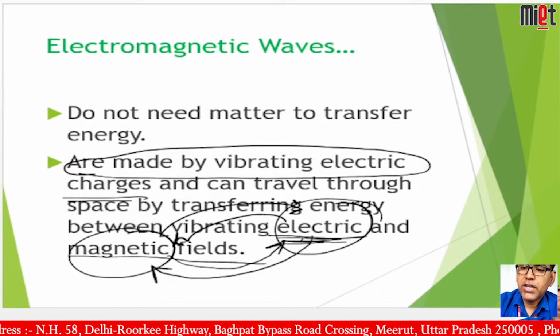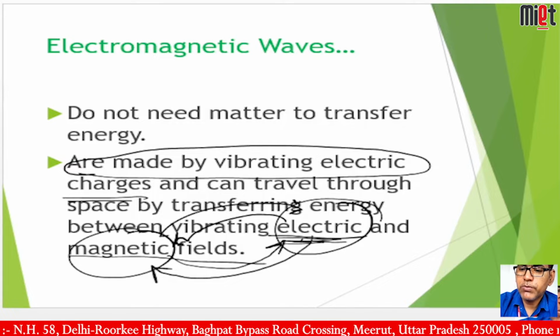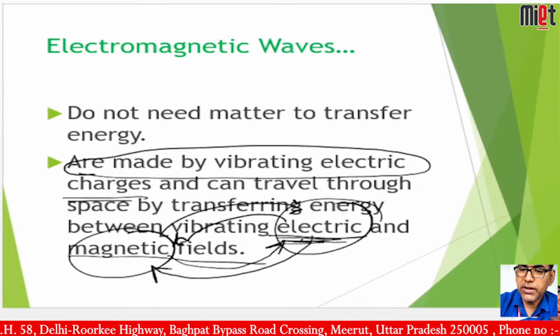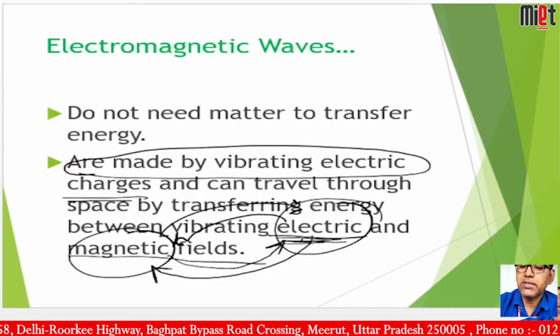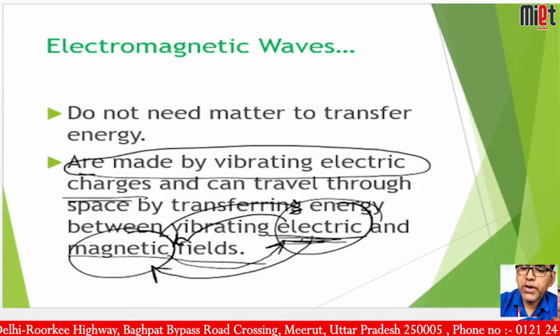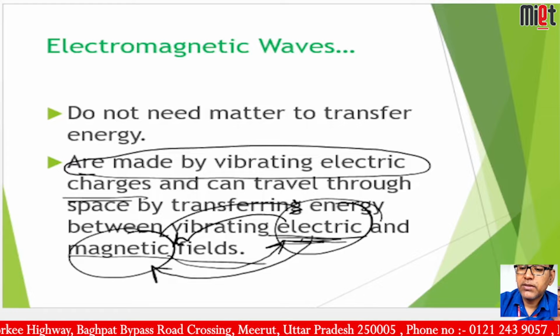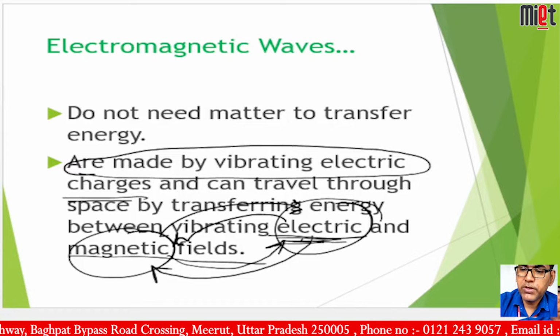Electromagnetic waves are transferred from transmitter to receiver. The transmitter carries an antenna and the receiver also carries an antenna. An antenna is a device which converts electrical energy into electromagnetic waves. And again, at the receiver, it converts electromagnetic waves into an electrical signal.